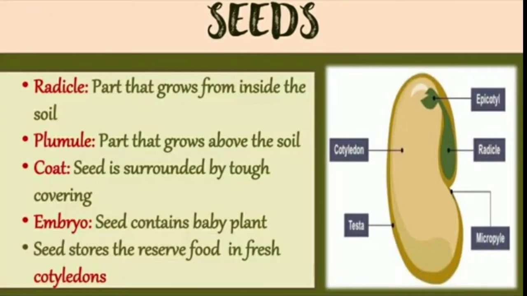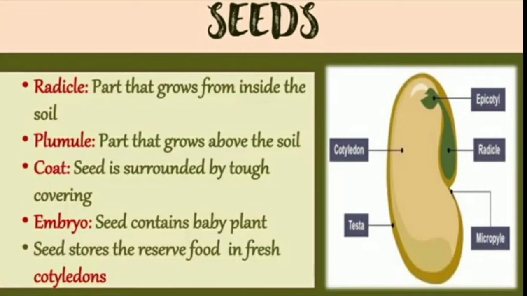Coat. The seed is surrounded by a tough covering. That covering is called the coat. Embryo. The seed contains a baby plant.